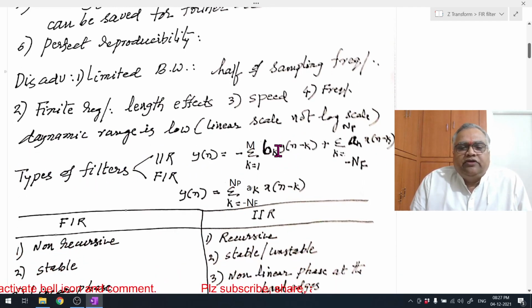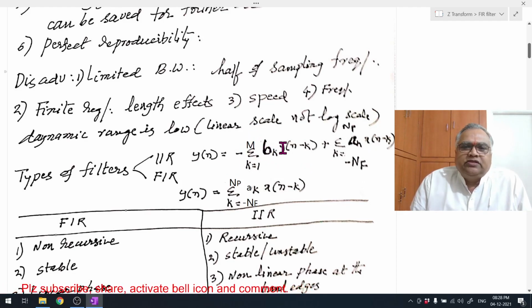Then how the difference equation looks for IIR and FIR filter. In an IIR filter, the present output depends on previous outputs, present input, previous inputs, and future inputs. If we expand this summation, it contains x of n, x of n minus 1, n minus 2, n minus 3, and so on, n plus 1, n plus 2, n plus 3, and so on.